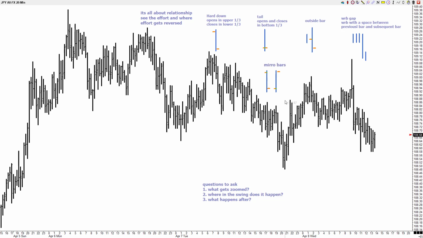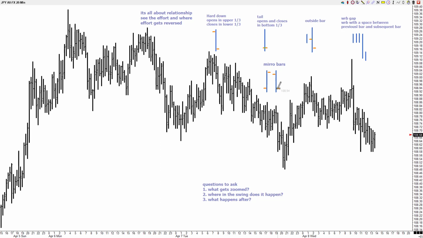So understand again what goes on in here. They open, they take it down. They open, they take it back up. Now the essence of mirror bars is a tail. Let's do it this way, just so we can match the down tail. You reverse it for an up tail.